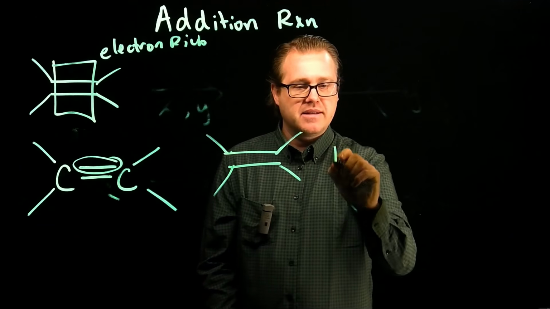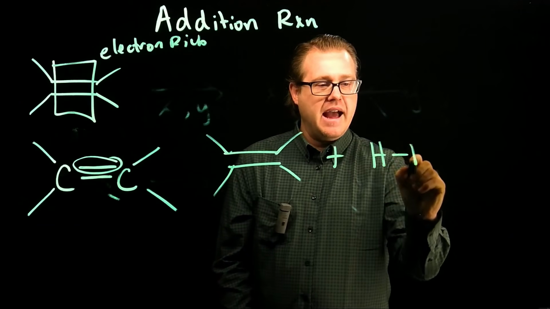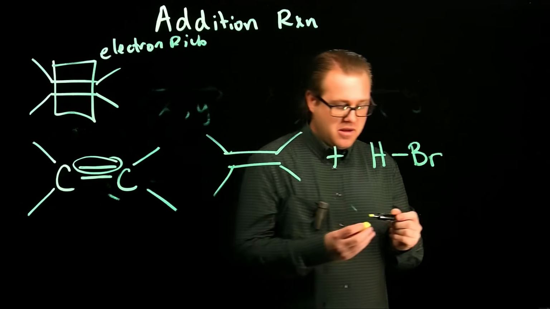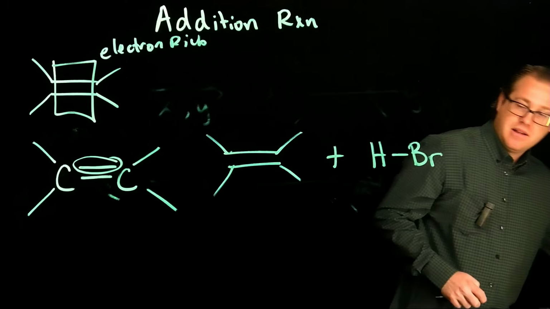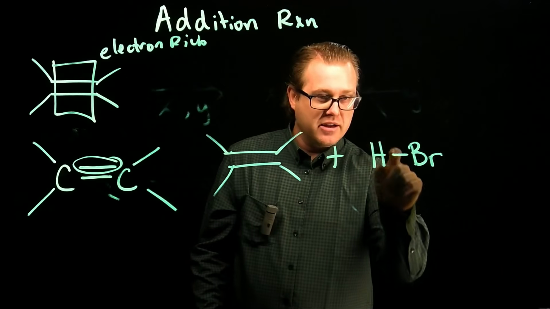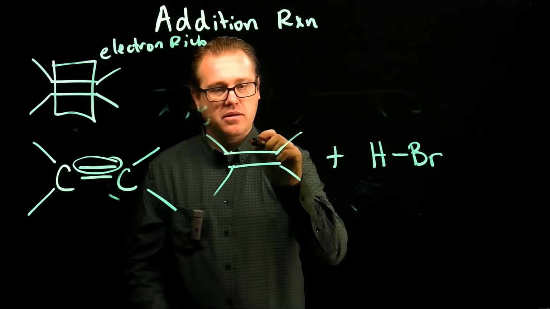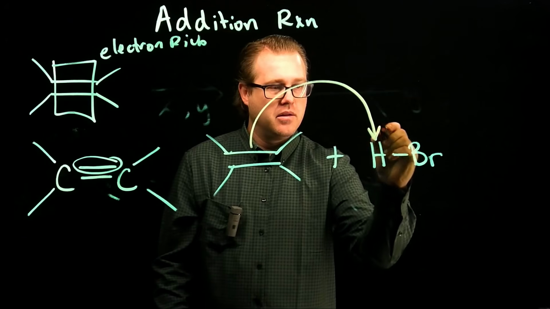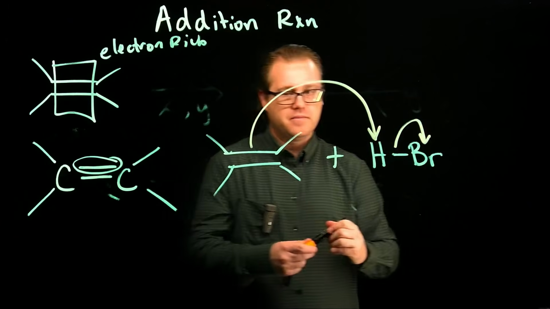If we have, let's say, an acid like this, mechanistically we could have the electron-rich species attacking the electron-poor hydrogen right here, like this.